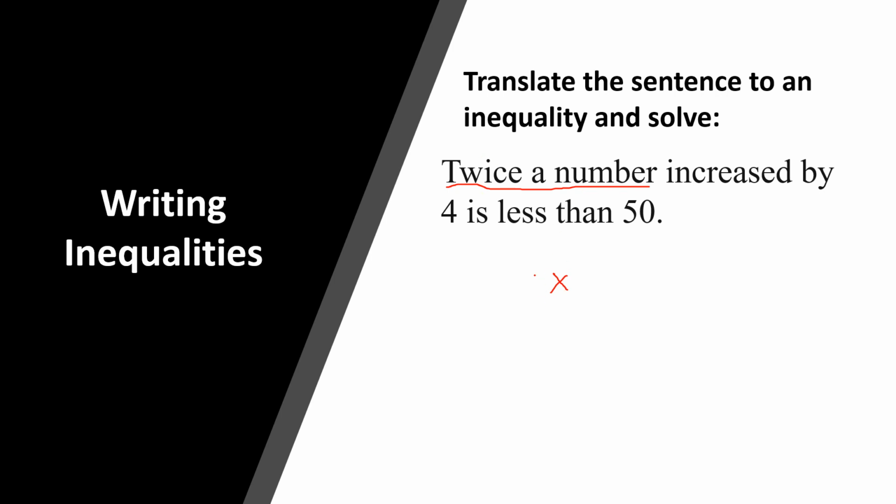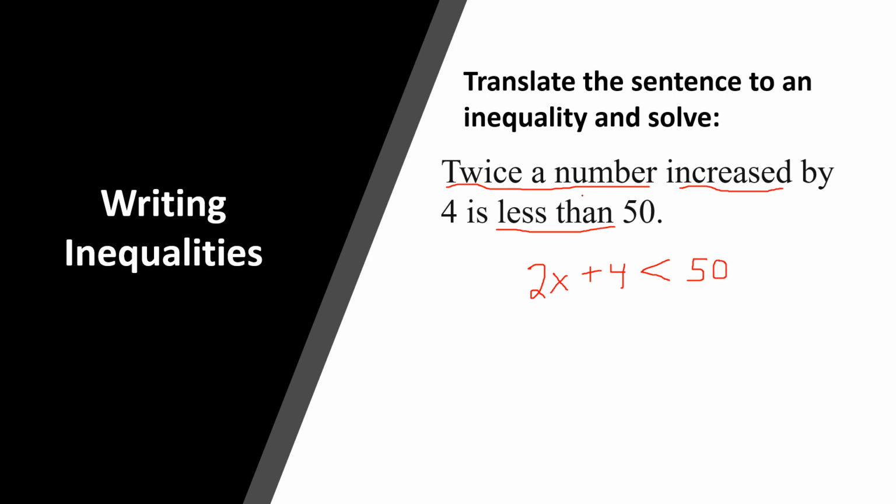Twice that number means we multiply it by 2. So twice a number is the same thing as 2x. Increased by tells us the operation is addition. Plus 4 is a less than, that is an inequality symbol, less than 50.